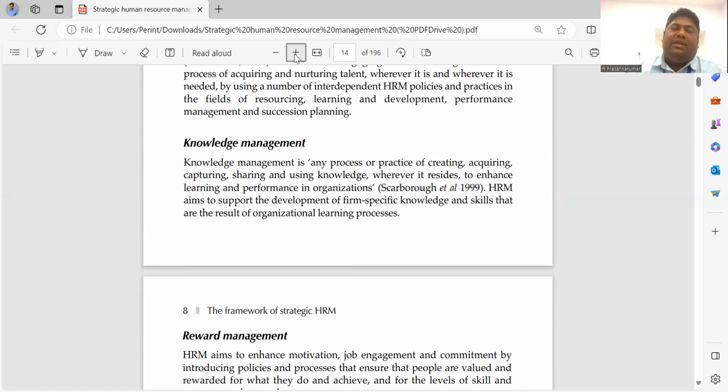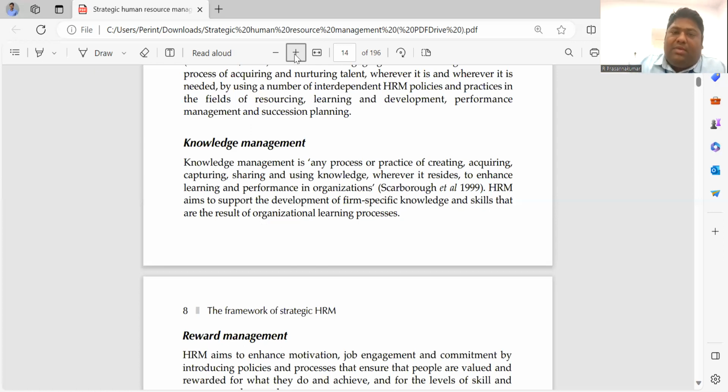Nowadays we can see that organizations have various EDPs, employee development programs. Why are EDPs conducted? They are conducted to see whether the employees have good knowledge, a good thinking process, and good development in the future. All these things are done in the EDP.